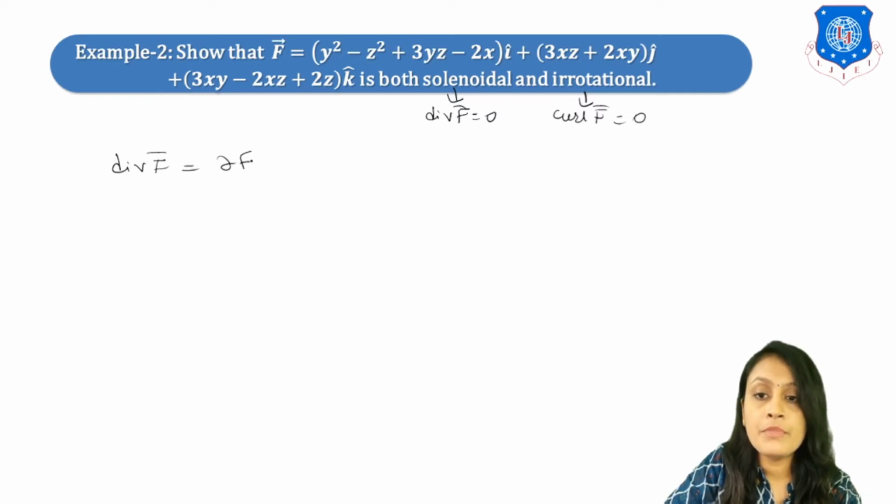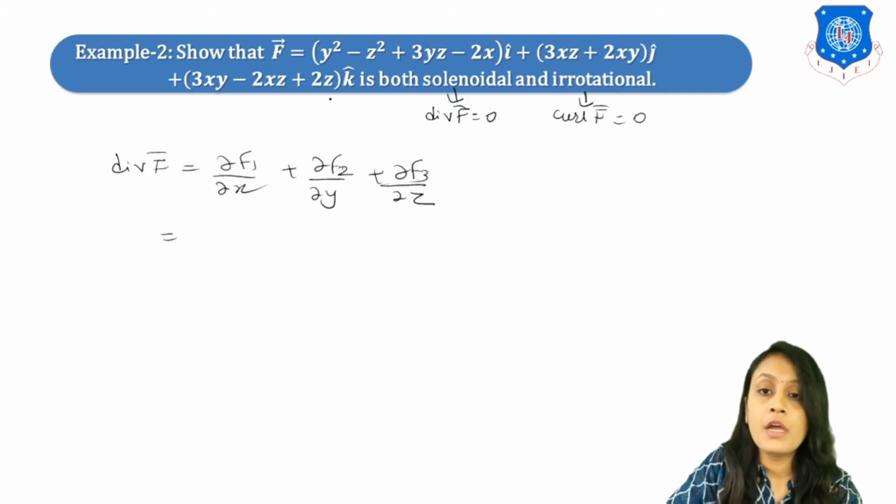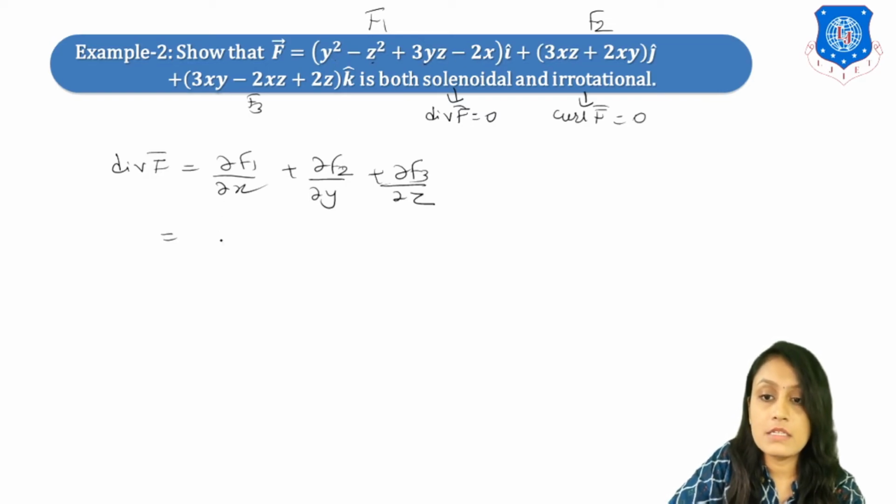What is the formula? Del f1 by del x plus del f2 by del y plus del f3 by del z. Now this is your f1, this is f2 and this is f3. So derivative of f1 with respect to x: this term is 0, this term is 0, this term is 0, from here we'll get minus 2. So this is minus 2 plus.